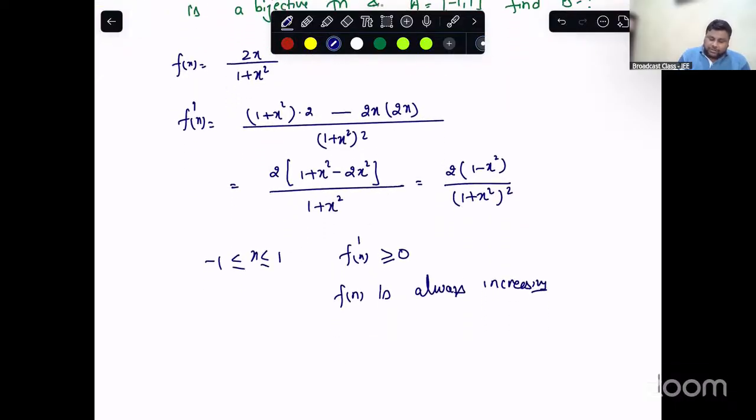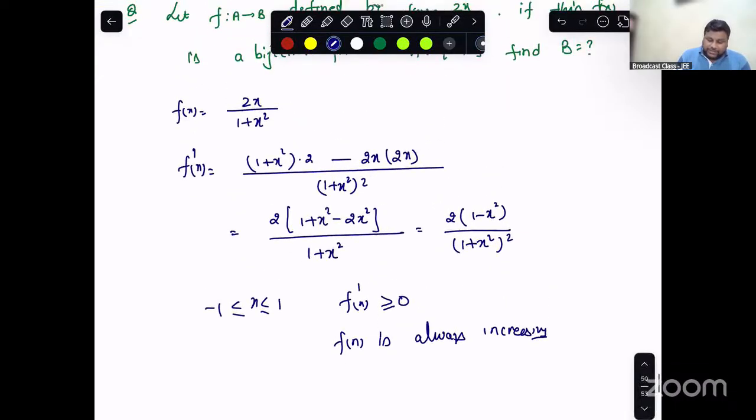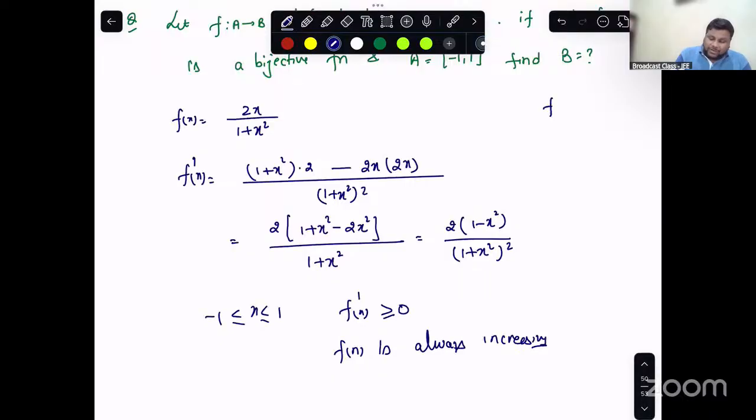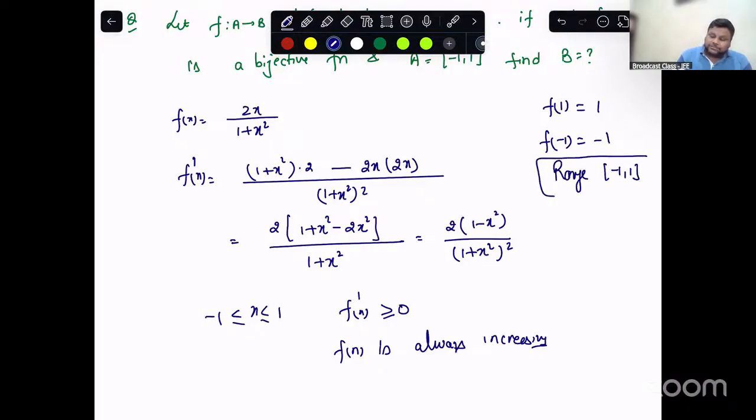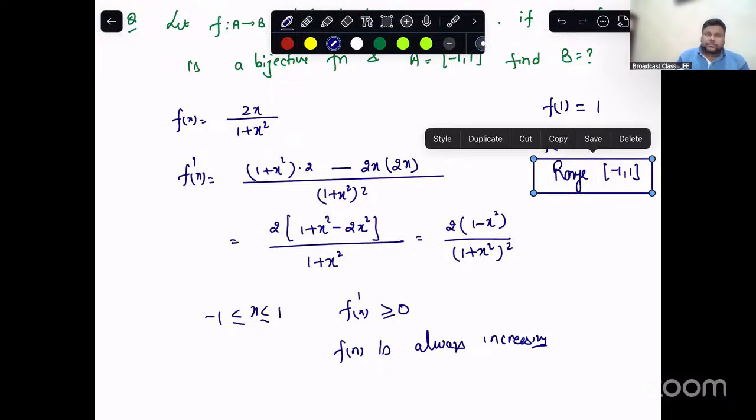Now the function is always increasing. So in that case, f of 1 will be the maximum value and that value will be what? 1. f of -1 is going to be the minimum value, that is -1. So range is what? -1 to 1. Range is -1 to 1.